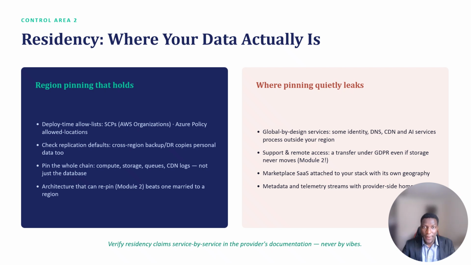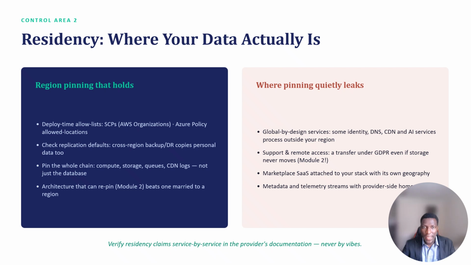Also check replication defaults, because cross-region backup and disaster recovery cheerfully copy personal data across borders. So it's important that you also have a look at the replication defaults that you have set up.